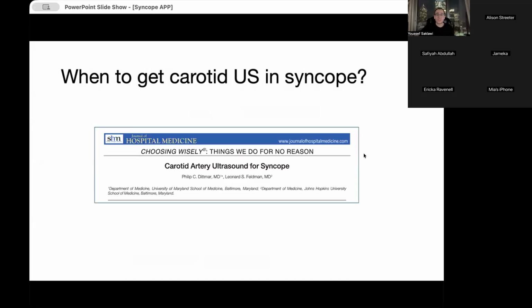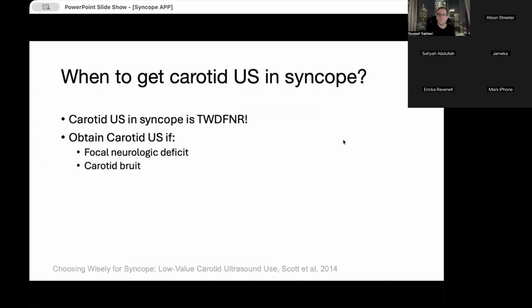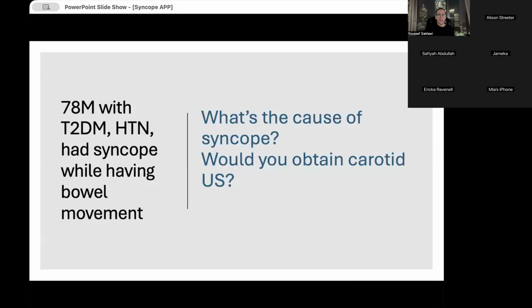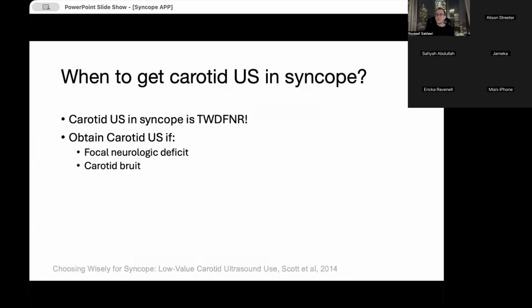Carotid ultrasound in syncope is one of those things that we do for no reason. For the vast majority of cases, it's low value care. So you should only obtain a carotid ultrasound in syncope if they have a focal neurologic deficit, meaning you thought they had a stroke, or they have a carotid bruit. These are the only two indications.